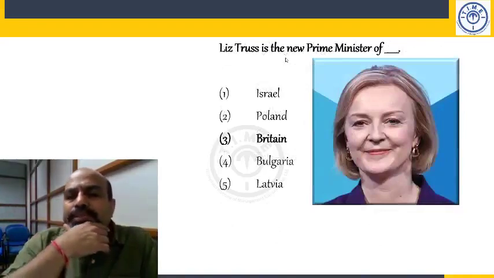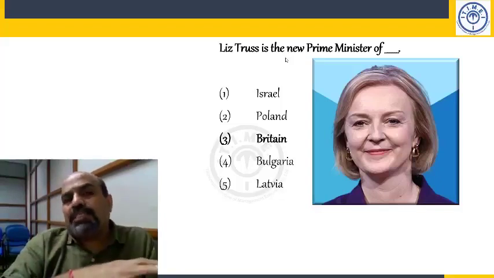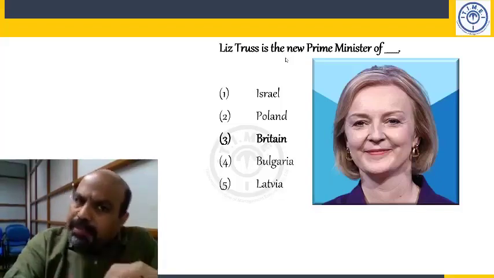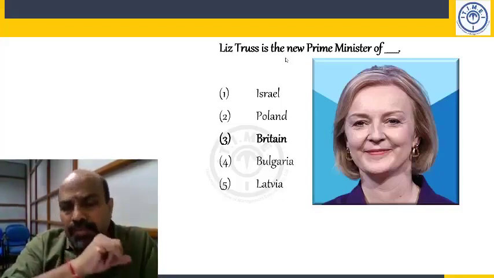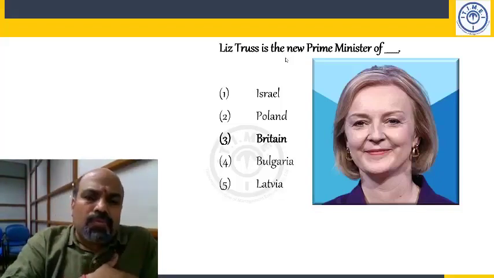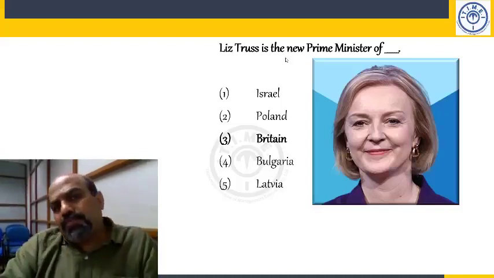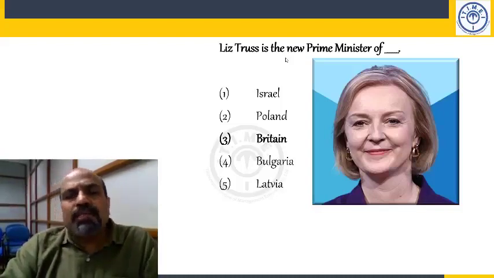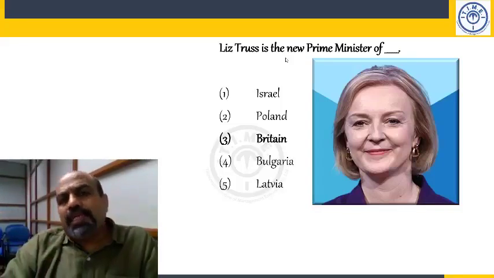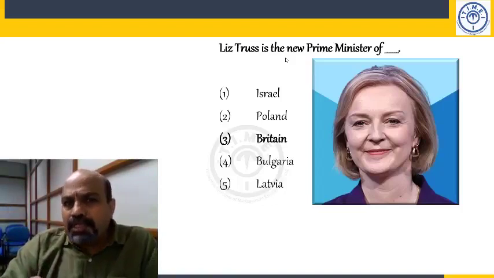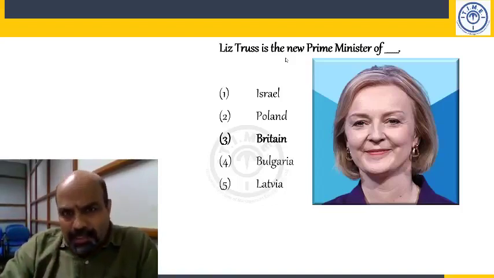Liz Truss, Mary Elizabeth Truss, is the new Prime Minister of Britain. Now, she is the last Prime Minister under Queen Elizabeth II, who died recently. Under Queen Elizabeth II, there have been 14 or 15 Prime Ministers, and she was the last.